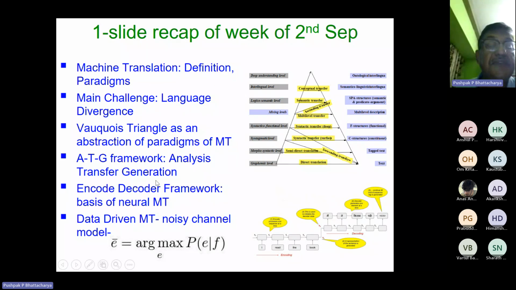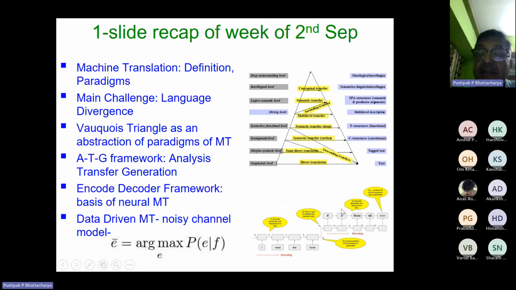ATG: analysis, transfer, generation. Analysis on the source side, transfer from the result of analysis to the target side, and the representation on the target side converted to the generated sentence in the target language. So this is ATG. Now, ATG is implicitly or explicitly done in the encoder-decoder network, which is the hallmark of neural machine translation.